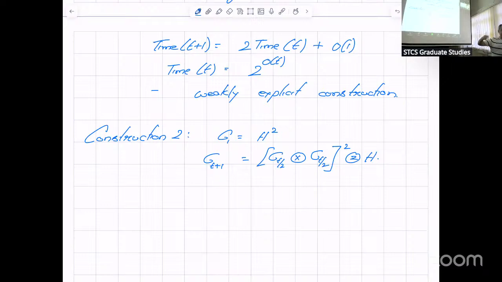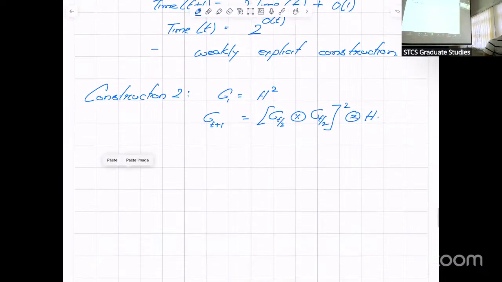And so we are only constructing G t for powers of 2 in this. That's the second construction.